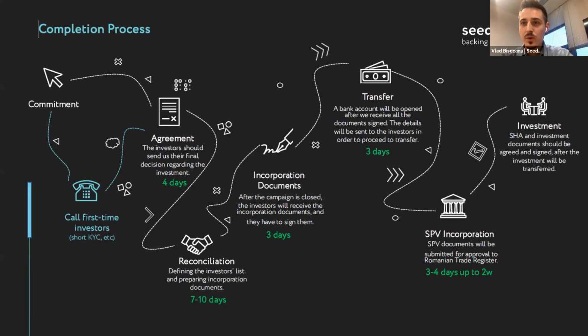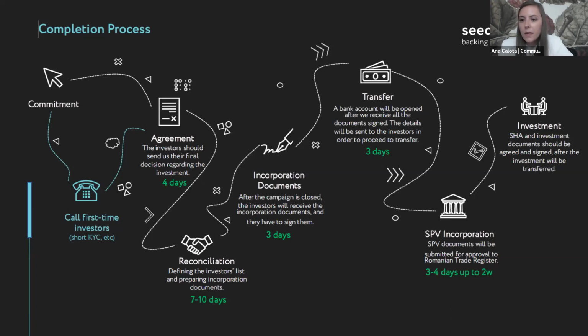The first one is from Raluca, who's asking if the completion process is applicable to all the 3 types of financing that you mentioned. And as a follow-up question, what is the legal status of an investor in case of SAFE and convertible loans? I will answer the first question. Yes, it doesn't matter the type of the campaign. For each campaign, we incorporate an SPV. The difference will be at the end of the investment documents.